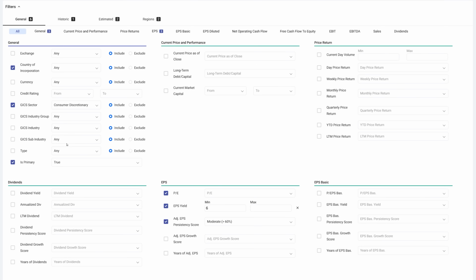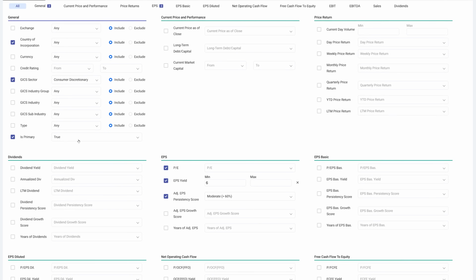Well, first of all, I'm looking at country of incorporation. I said any here, but I actually did limit it to Canada and the US, which I'll show in a moment. I'm only looking at the consumer discretionary sector. I want to see the PE, so I checked PE, but I didn't put any restrictions. But I do want, as I mentioned a moment ago, an earnings yield of at least 6%.